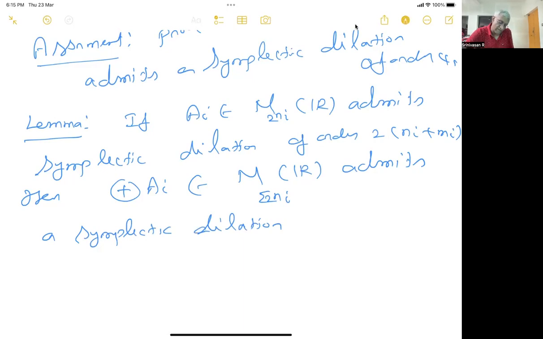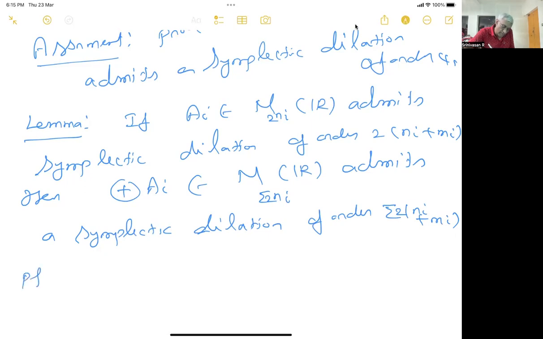We have to justify that. A symplectic dilation of order summation of 2N_i plus m_i, where m_i comes from the original, corresponding order. So if you take the direct sum of those which admit symplectic dilations, it again admits a symplectic dilation.